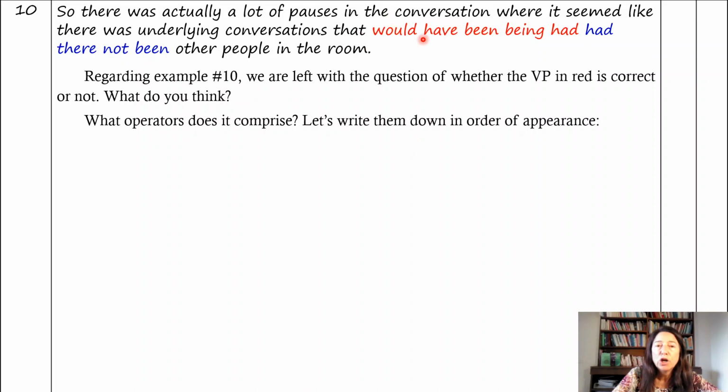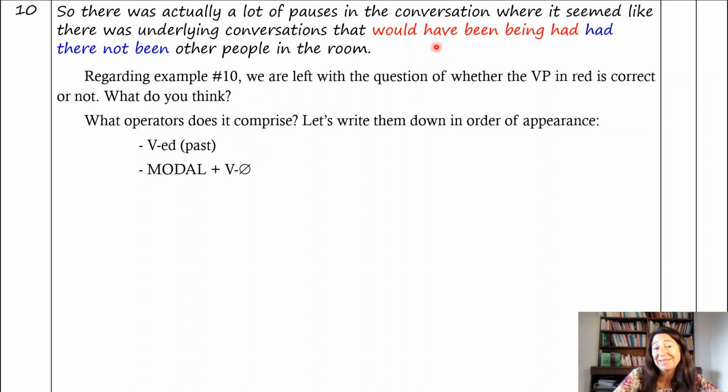So here, would is obviously in the past tense. So VED is the first operator that we find here. And that past tense is obviously on a modal. So the next operator is modal plus V0. We can see that it is followed by a verb base.